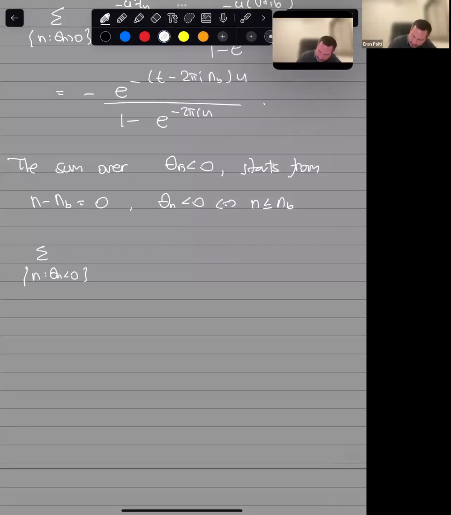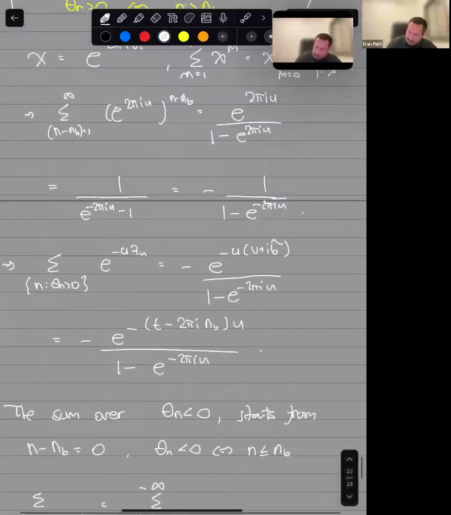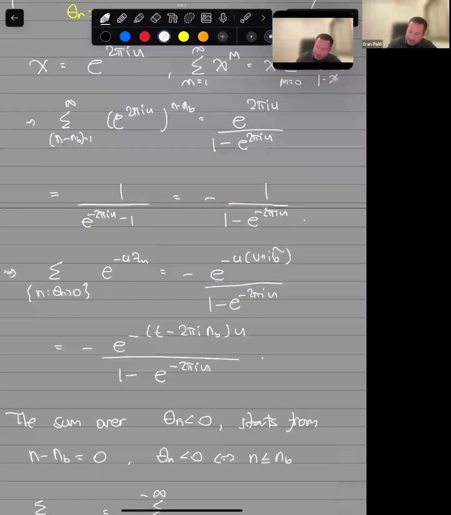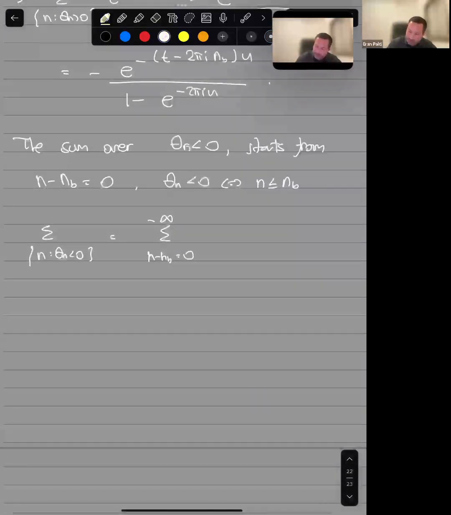So this is now the sum at the bottom, theta n less than 0, then that's just the sum of n minus nb equal to 0 down to minus infinity. So n is getting more and more negative. And when we write the sum over a geometric series, the geometric series is not going to start from m equals 1, but from m equals 0, because we start from 0 now.